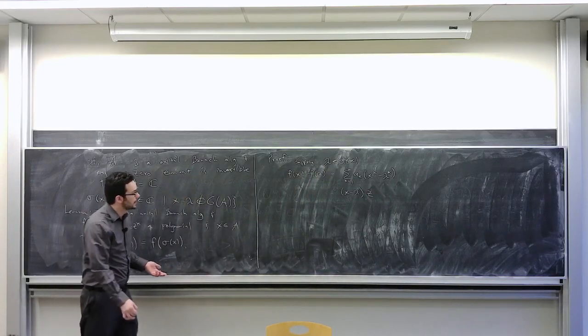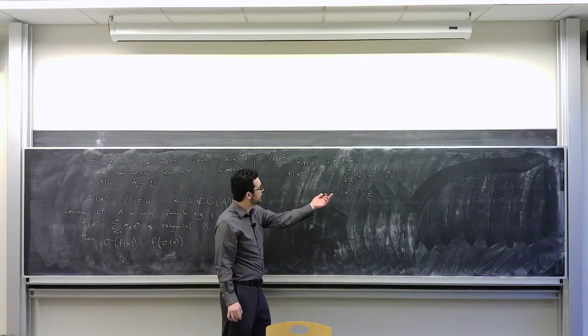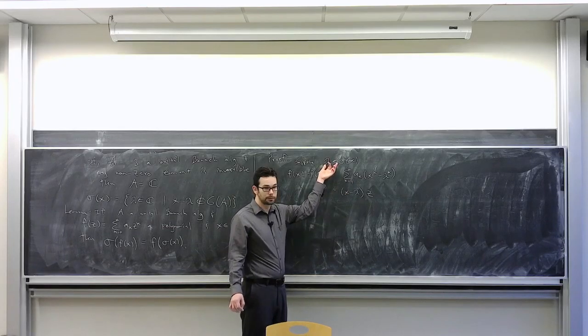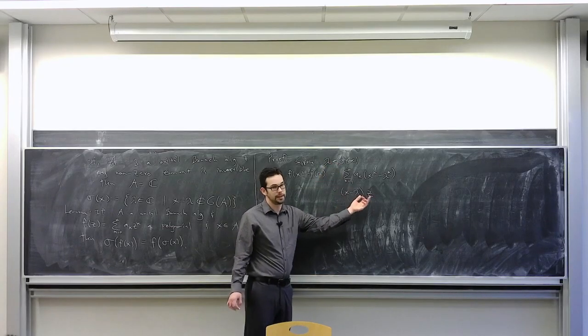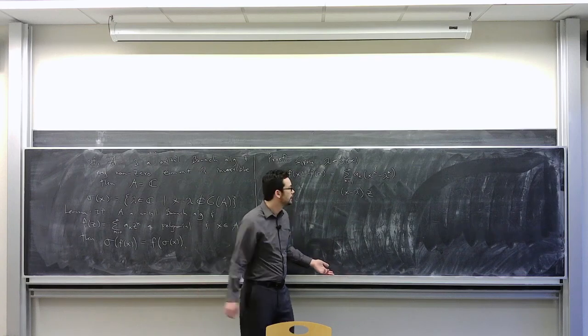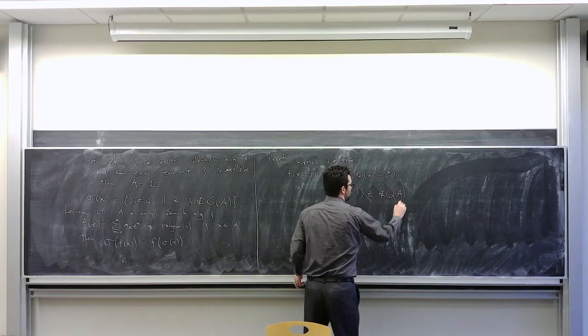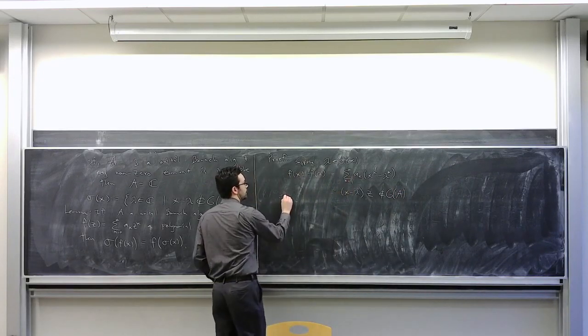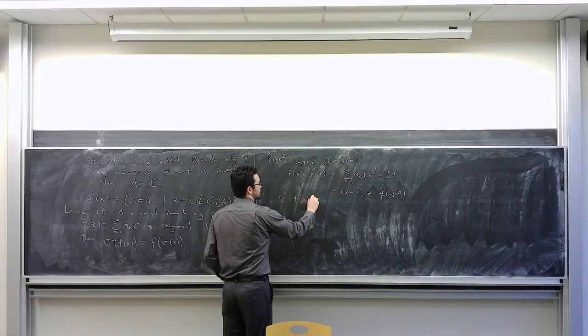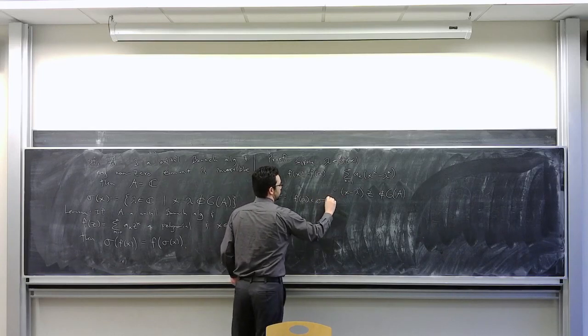But the point is that if x minus lambda is not invertible, which is the assumption, then anything times it is also not invertible. So this is not an invertible element of A. Therefore f of lambda is in the spectrum of f of x.